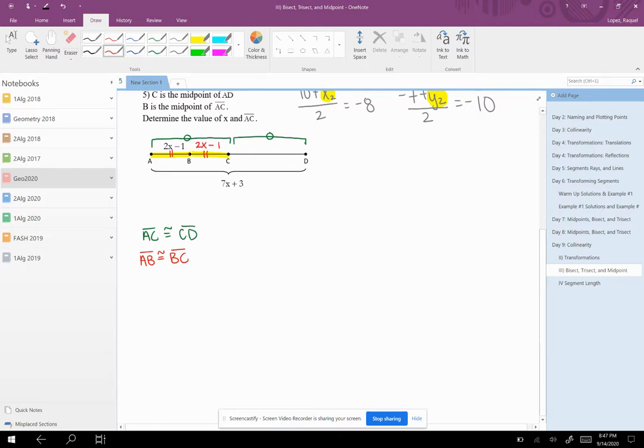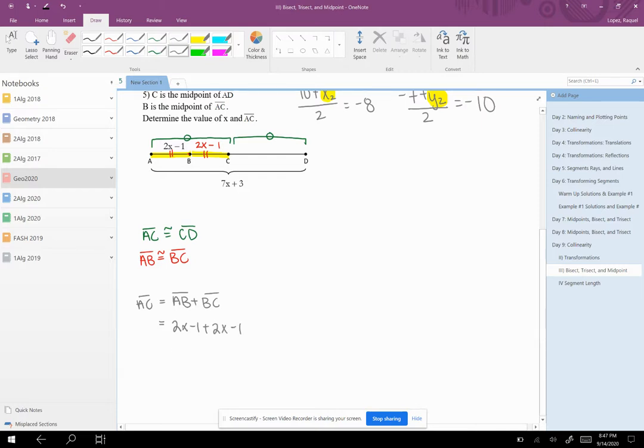Now, to get to AC, this whole thing, AC is basically the two yellow highlighted portions. So that's going to be segment AB plus segment BC. Segment AB has the expression 2x minus 1, and BC has the expression 2x minus 1.